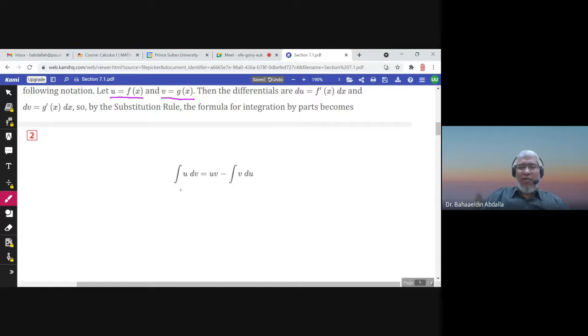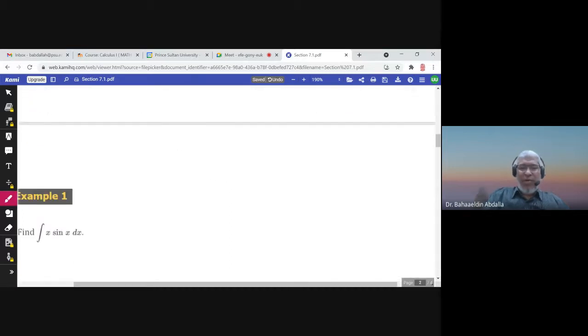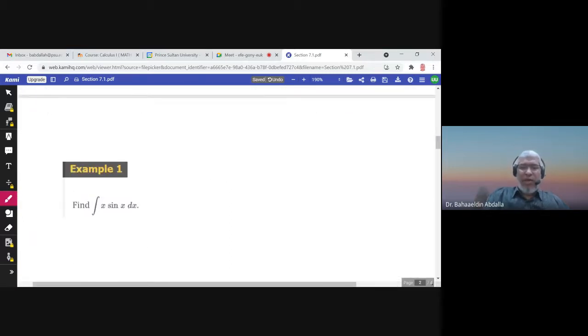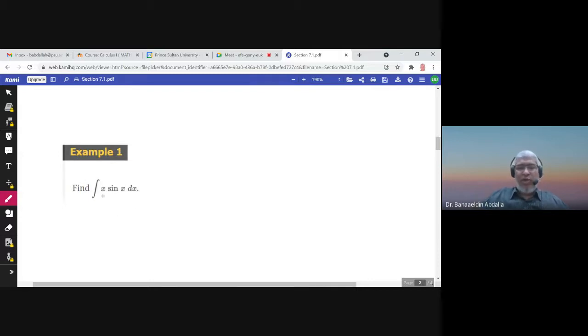So we will have an example like this: a product of two functions. We cannot use substitution here because there is no function inside a function, there is no composition.